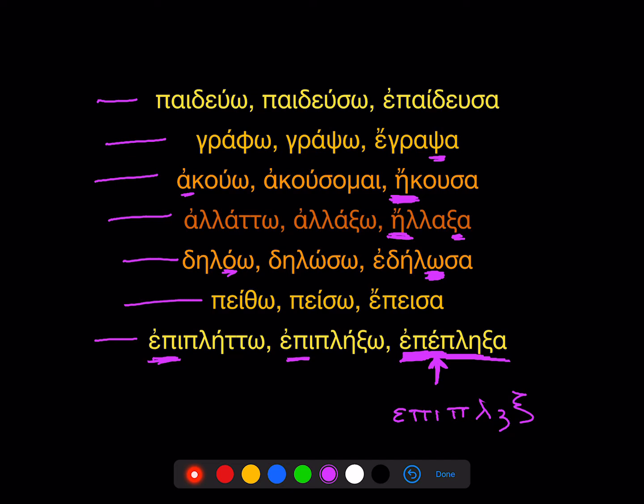So, for example, the aorist active infinitive would be epiplêxai. Remember that infinitive has to be accented on its penult. And that ē is long. The ai counts as short for purposes of accentuation. So it would be epiplêxai. Okay, to rebuke. All right, that's it.